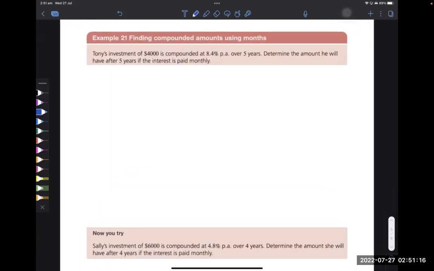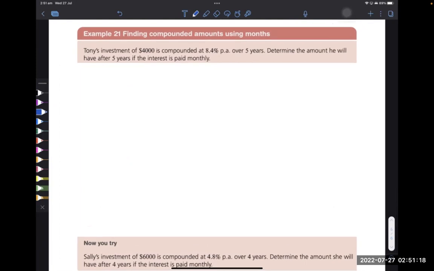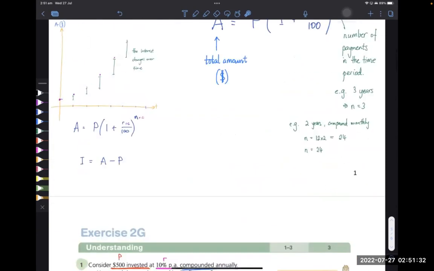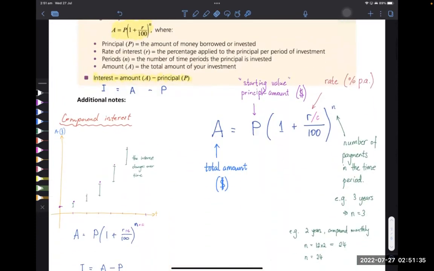I'm going to move on to question 21 now. And this question here is actually using the idea of compounded using months, right? So we can go back up to our equation at the top here.